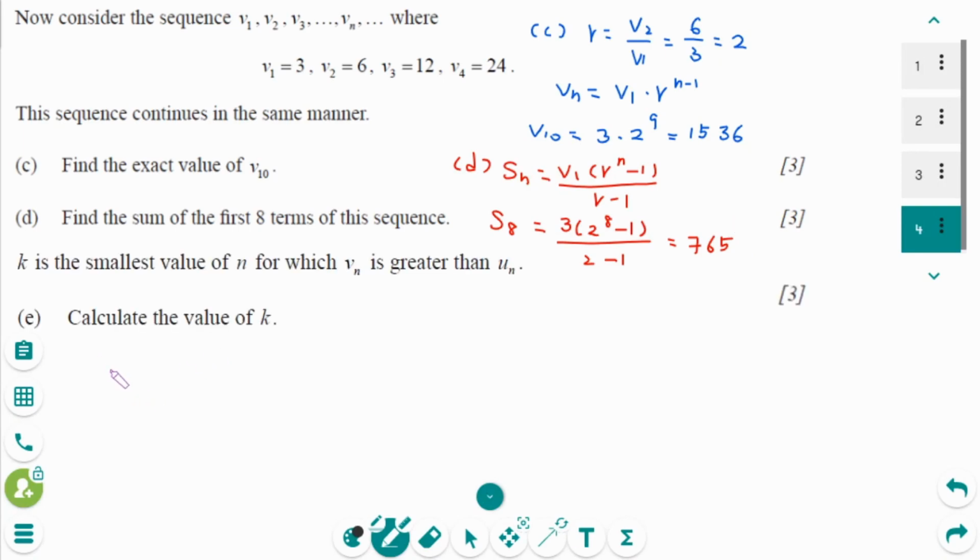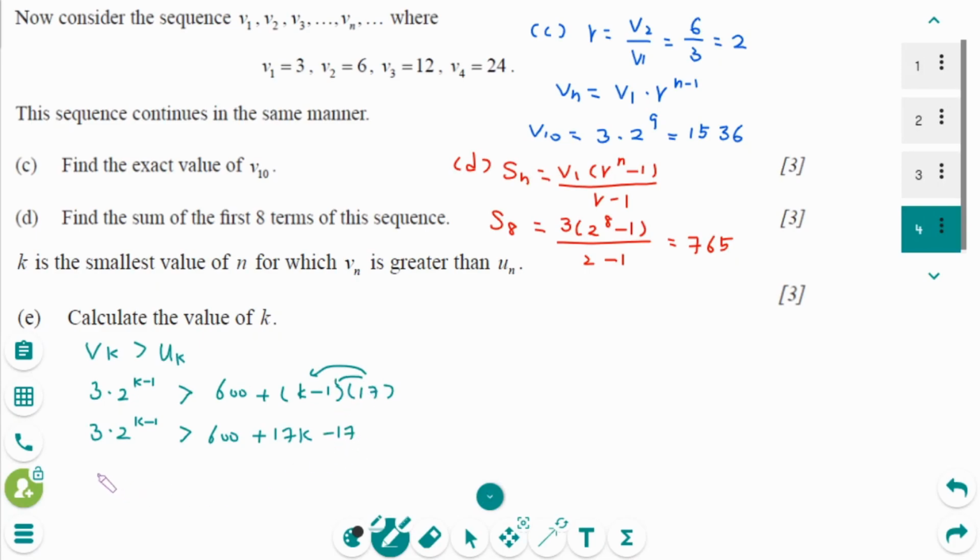Number E, Vk is greater than Uk. Vk is 3 times 2 to the power of k minus 1, greater than Uk, 600 plus (k minus 1) times 17. 3 times 2 to the power of k minus 1 is greater than 600 plus 17k minus 17, so greater than 17k plus 583.